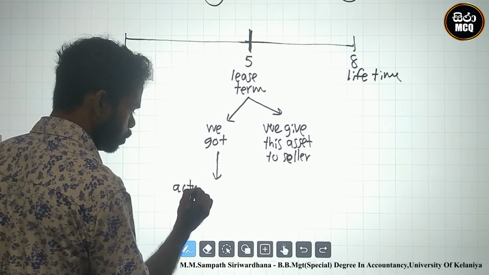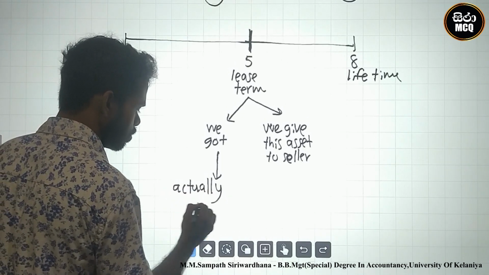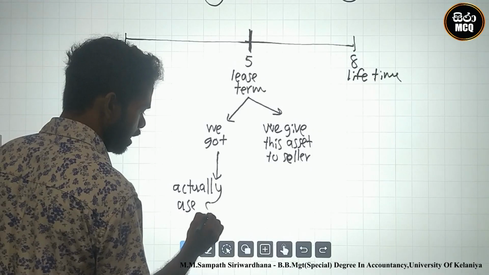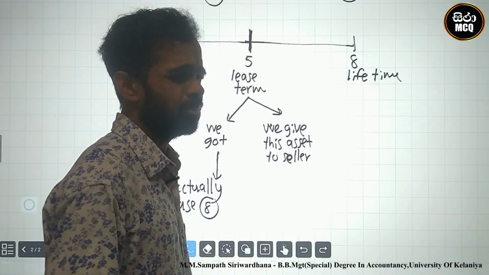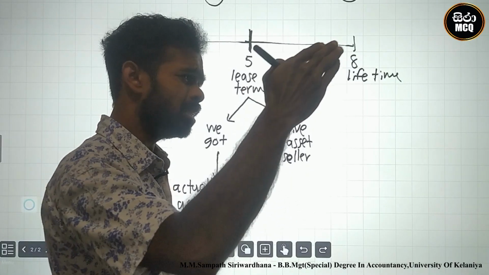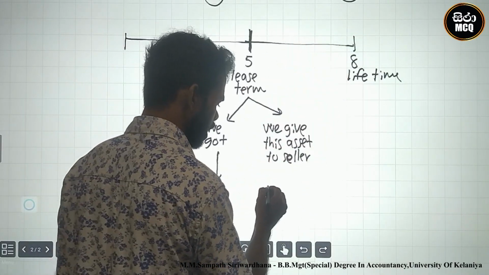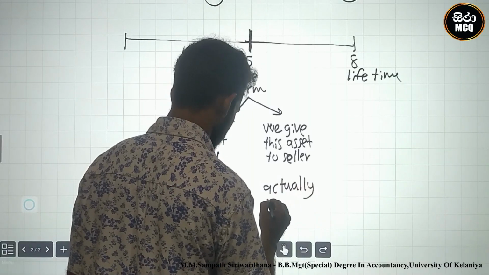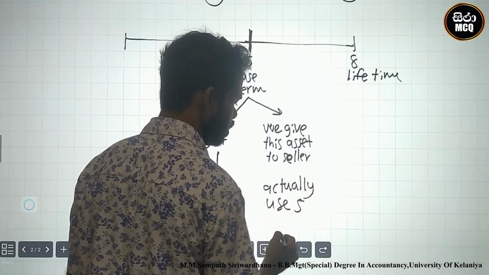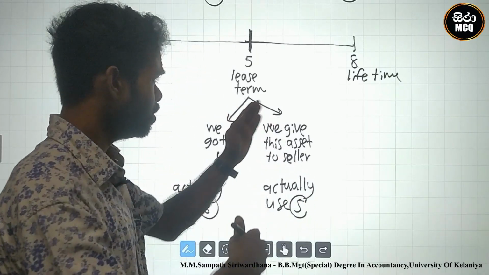Therefore we actually use 8 years. Okay, if we give this asset to the seller after 5 years, therefore actually we use 5 years. Why? We give this asset after 5 years.